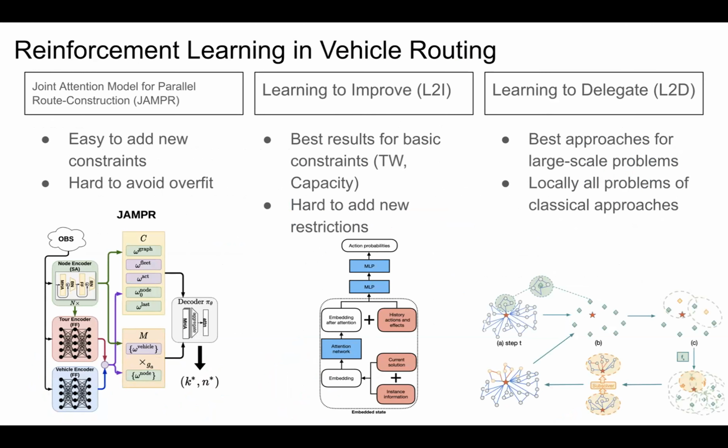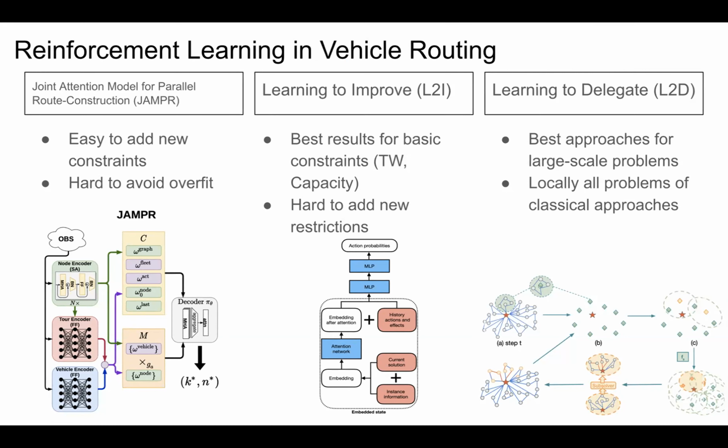About the reinforcement learning approaches, they are generally divided into three types. First of all, based on iterative path construction step by step, we use a transformer encoder to encode information about the current route and, for example, the current capacity of our fleet, into a latent space vector.